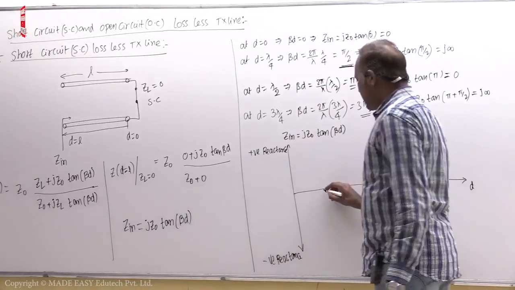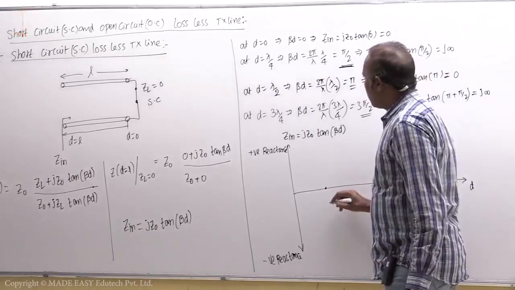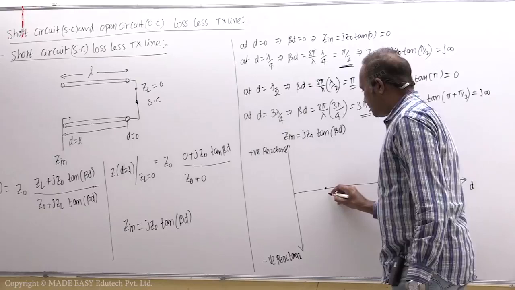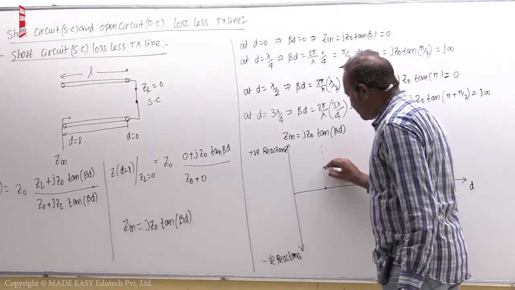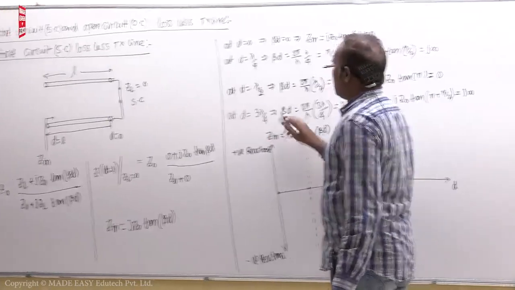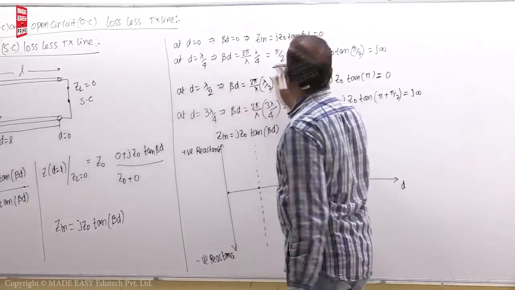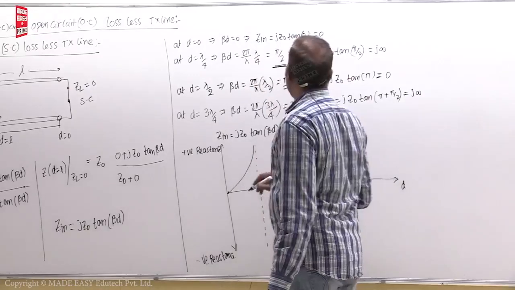Let us mention it here. First is 0 distance, then that will be coming like this. Here at d equal to 0 the impedance is 0, then at lambda by 4 it goes to infinity. So it is like this, dear students.